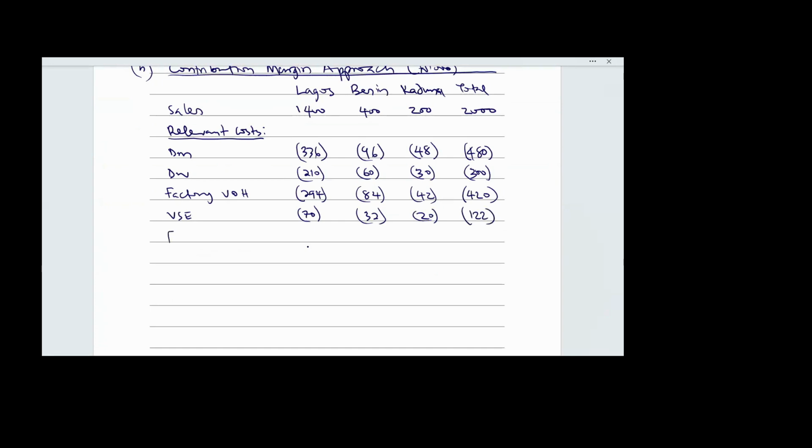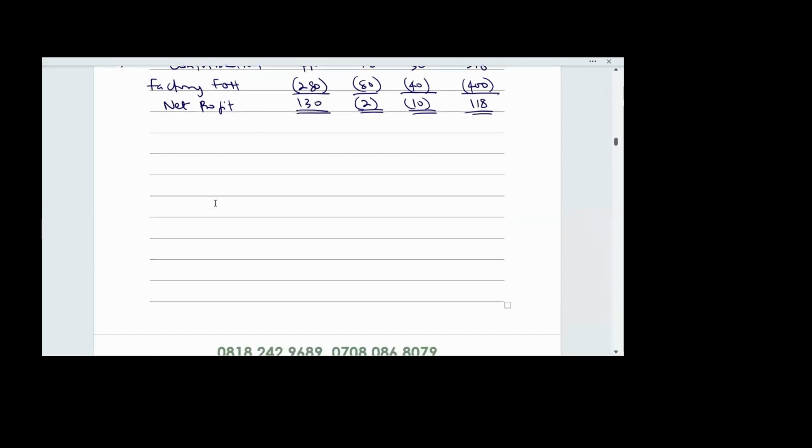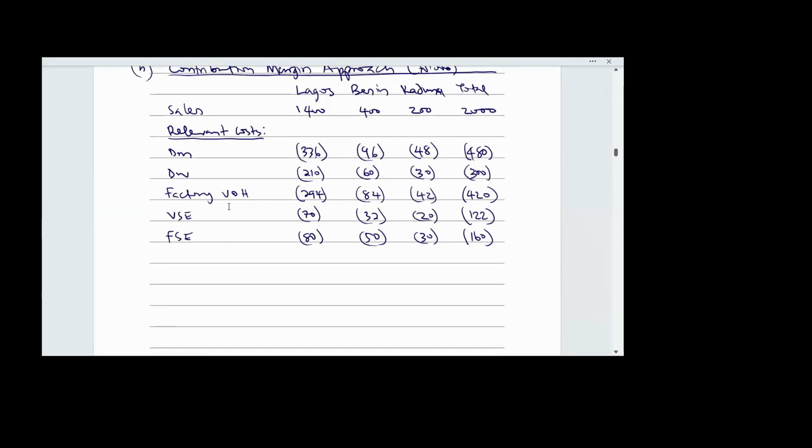We have fixed selling expenses, which is 80, 50, then 30. Total is 160. I think that's all. Let me confirm. Yes, that's it. So they will now determine our contribution.